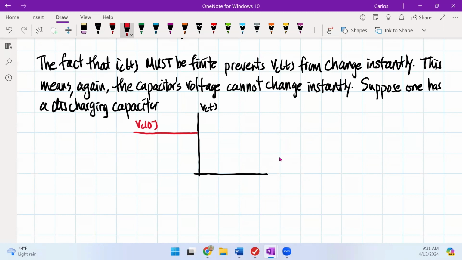So at Vc of 0 minus, we have this capacitor that's coming in. Now a switch is thrown. When this switch is thrown, this capacitor can then discharge to a different value. So then this would be Vc of 0, this would be Vc of t. But at this point right here, Vc of 0 minus must be Vc of 0 plus. That voltage cannot change instantaneously.